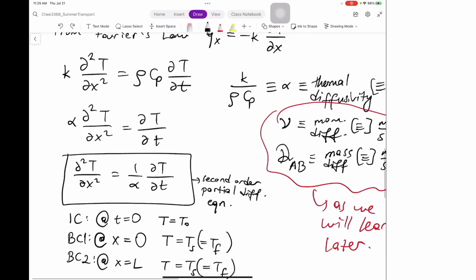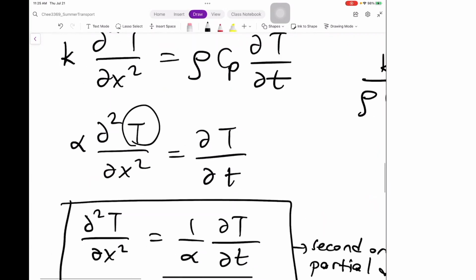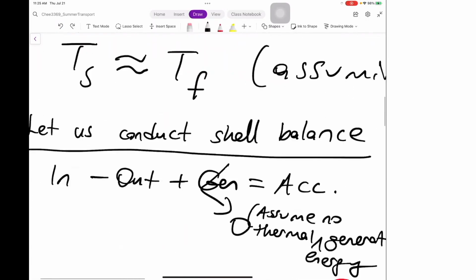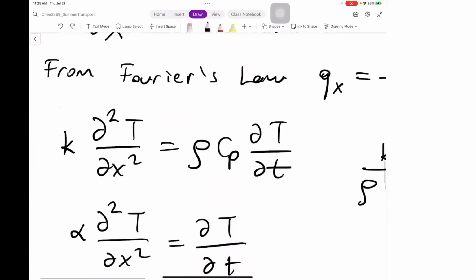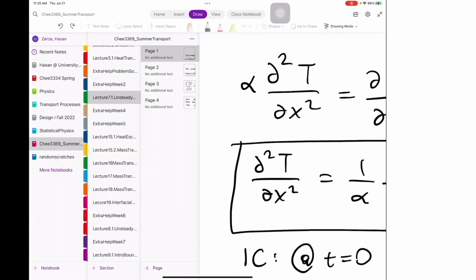Now this time we have the mass diffusivity in our equation, and also instead of temperatures, we have the concentrations, but it's the same equation. So probably I'm going to have the same solution, but I need to have the same boundary conditions to have the same solution. But this tells us the general solution should be the same.